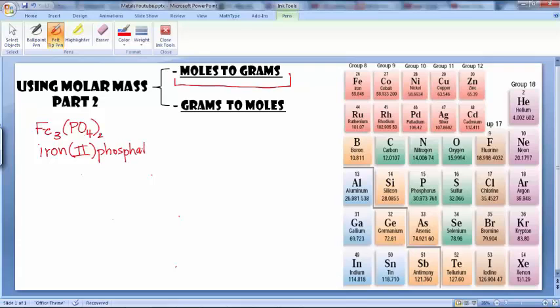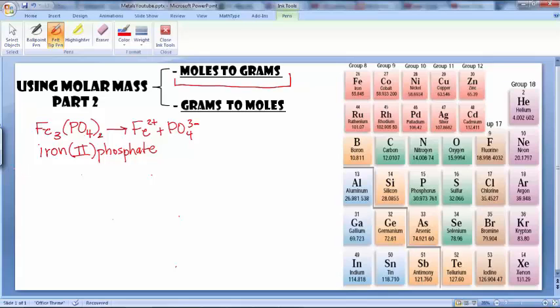You can see when you break that ionic compound up, you get Fe2+ and PO4 with a 3 minus charge. Okay, so I'm off the subject a little bit there, but just wanted to remind you of that.